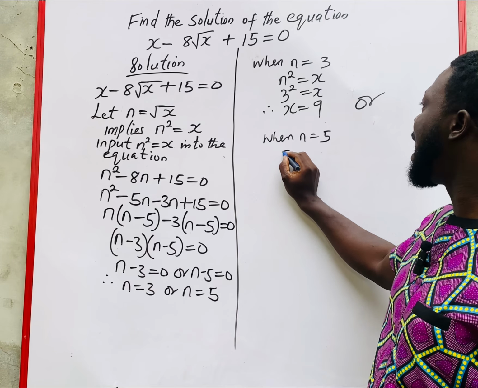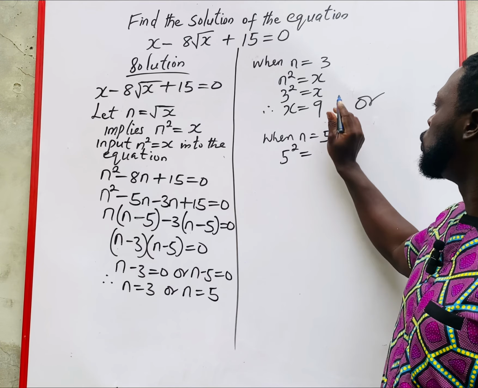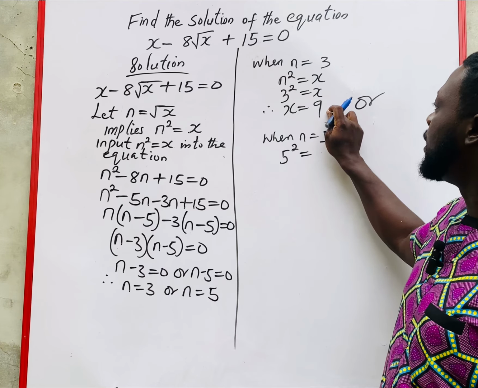So we have 5 squared equal to x. Therefore, x is equal to what? 25. So finally, x is equal to 9 or 25.